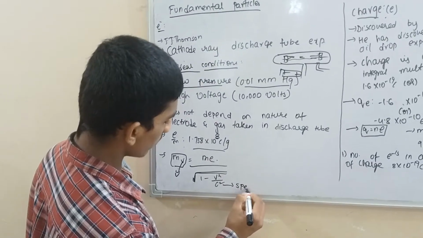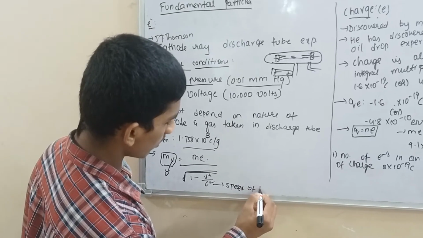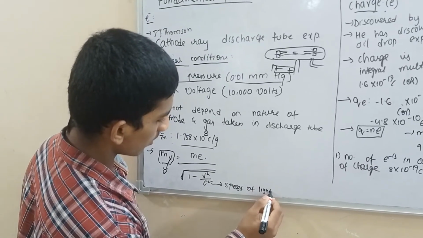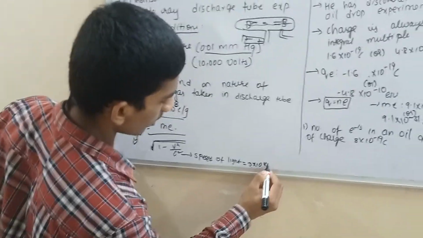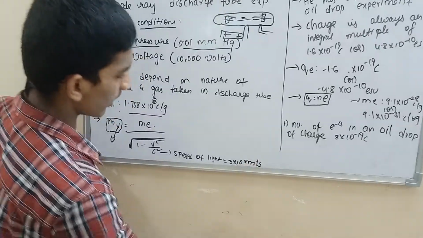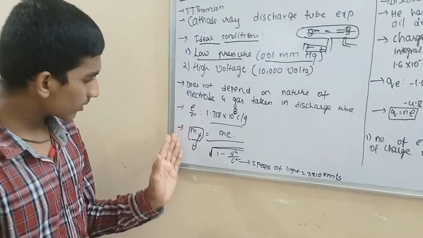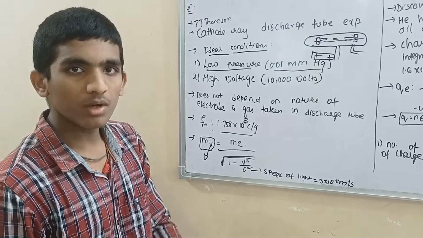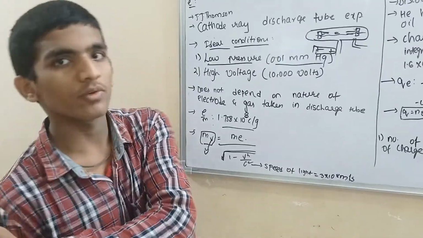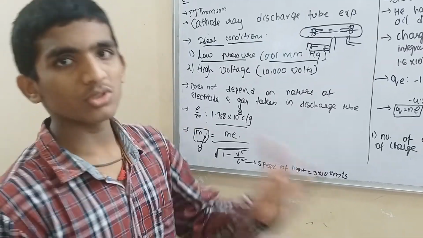The speed of light, equal to 3 × 10^8 meter per second. This is the formula used for deriving the mass of an electron in motion.